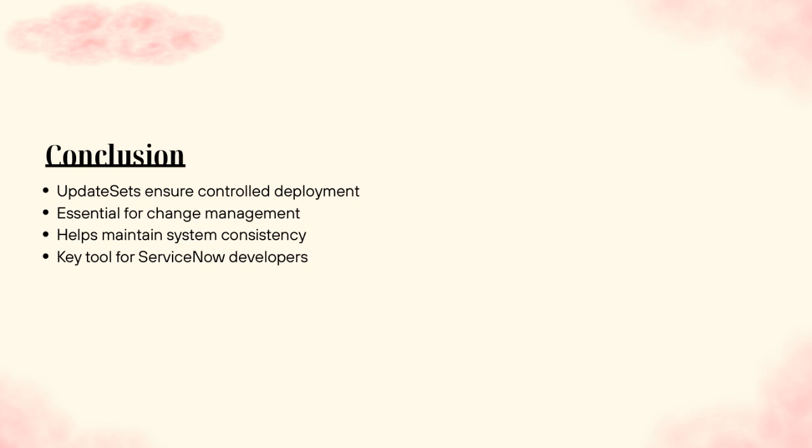By using update sets, we can confidently deploy updates, knowing that everything is in order and that we can easily manage any changes. In conclusion, understanding and utilizing update sets is crucial for maintaining system consistency and facilitating controlled, reliable deployments. This really ties back to our overall goal of managing change efficiently and minimizing risks across the platform.